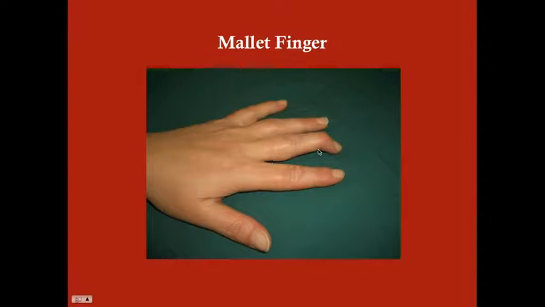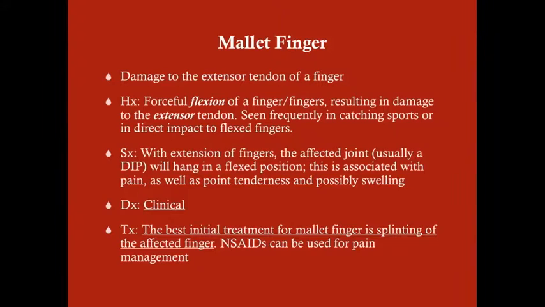Everything else is normal but this flexed finger. If you were to try to put this into the position that the rest of the finger's in, the patient would probably try to kick you in the balls. Okay? So again, the best initial treatment for mallet finger is splinting of the affected finger. NSAIDs can be used for pain management.